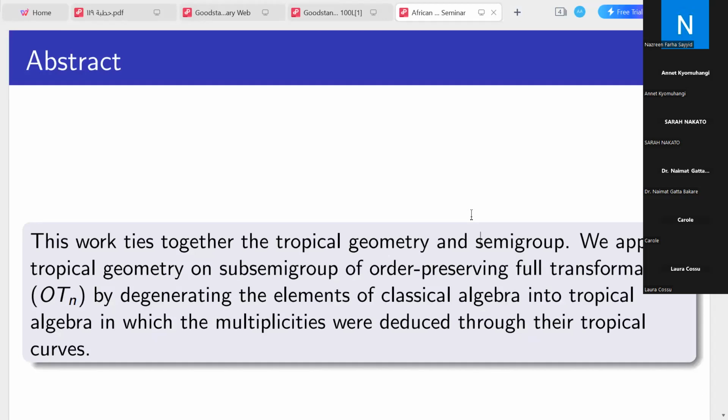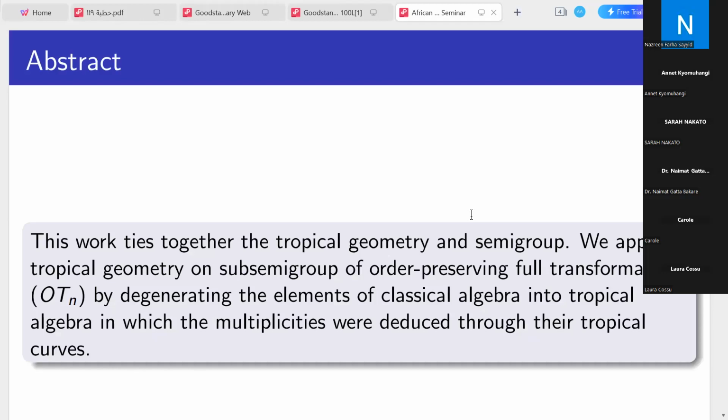When we study this work, what we firstly did is to apply the tropical geometry on the subsemigroup of order preserving full transformation. And what we did is to degenerate the elements of this classical algebra, the one from the subsemigroup of order preserving full transformation, into the tropical algebra. After doing this, the next thing we want to study is the multiplicity, and how we find the multiplicity.